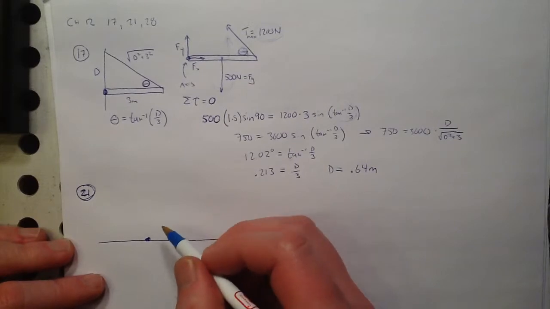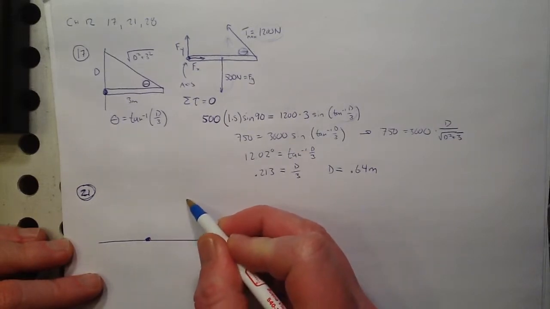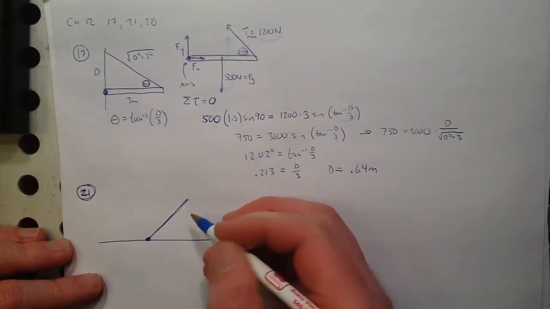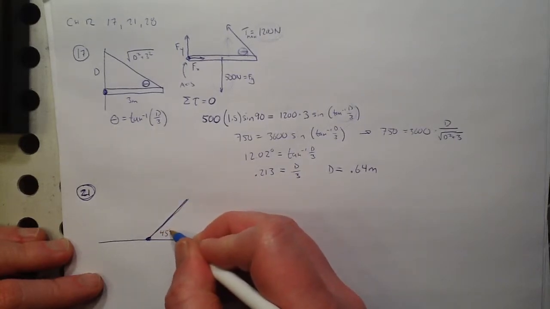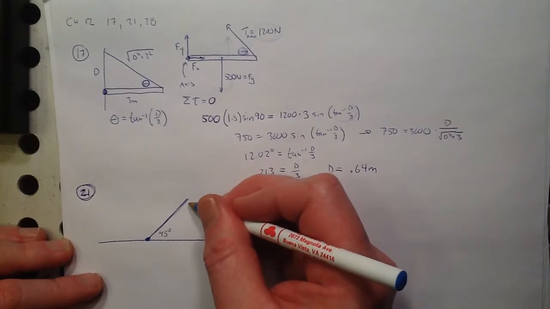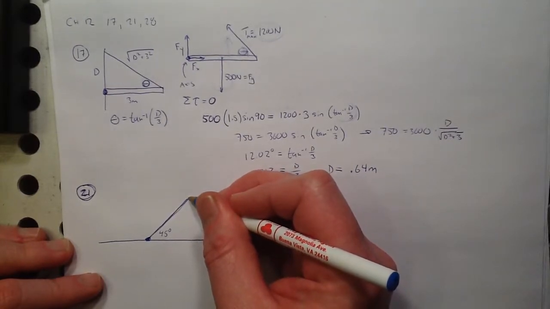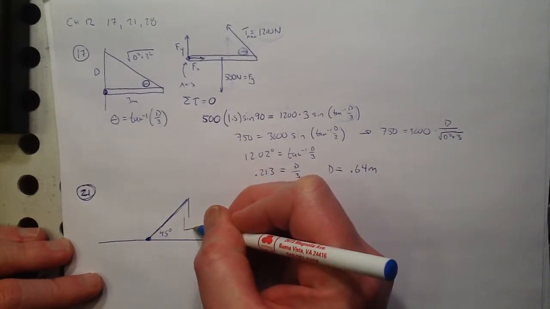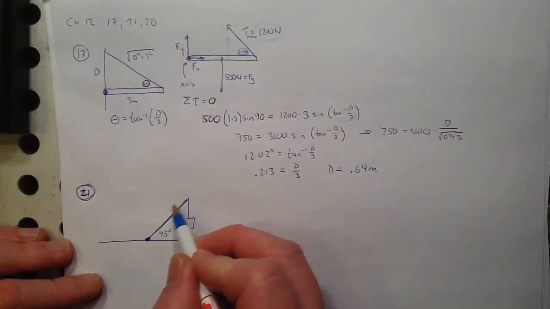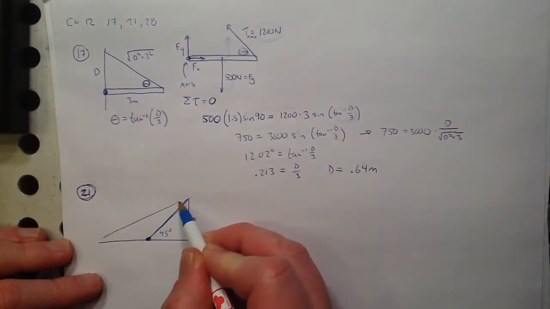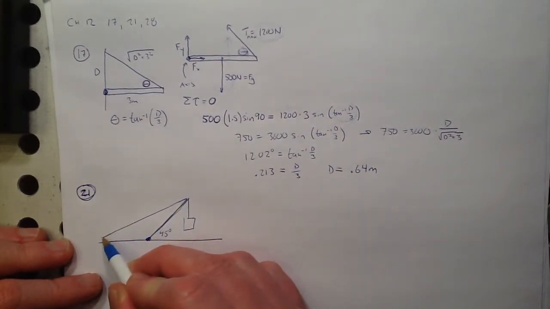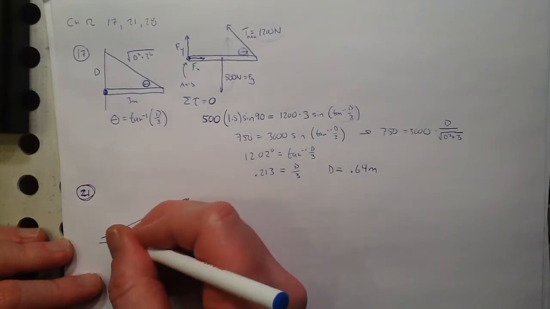We've got a strut, a beam here. It's at a 45-degree angle. And we've got something hanging from it here, some mass. There's another cable here attached to it, which is at a 30-degree angle here.